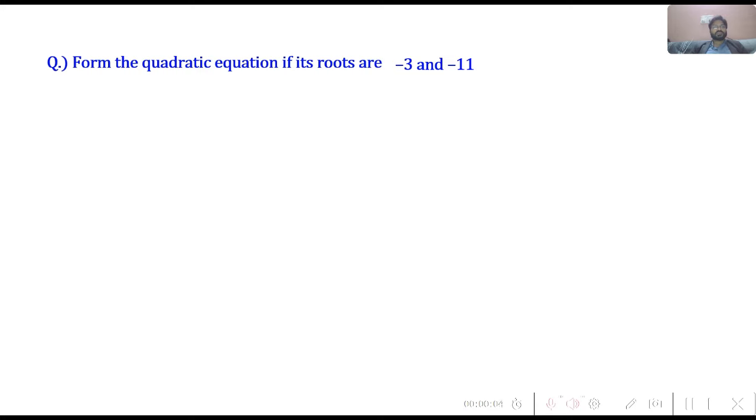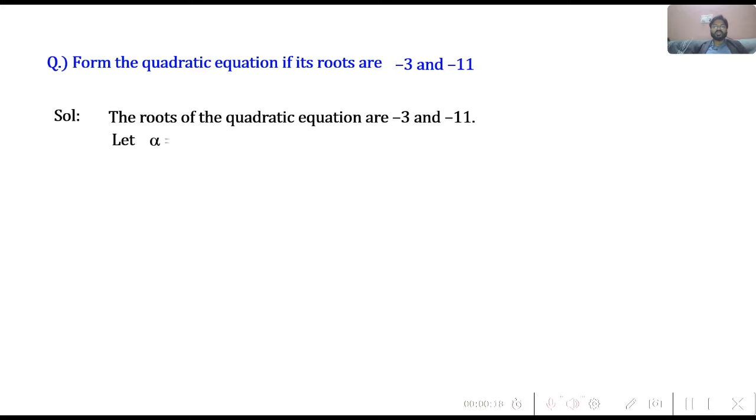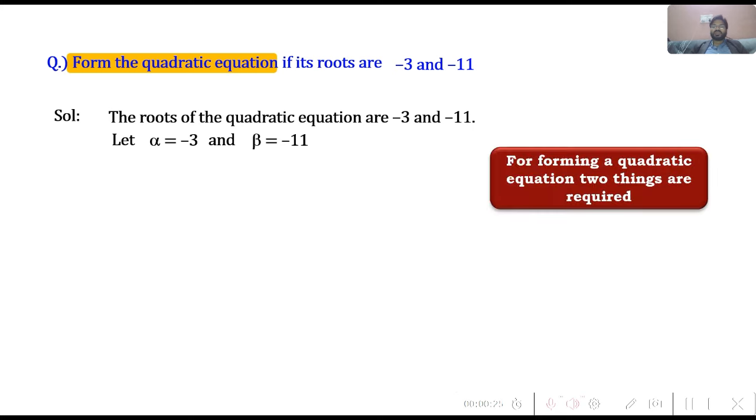Now we have the question: form a quadratic equation if its roots are minus 3 and minus 11. So the roots of the quadratic equation are minus 3 and minus 11. Let us consider alpha is equal to minus 3 and beta is equal to minus 11. So we know that for forming a quadratic equation, two things are required.